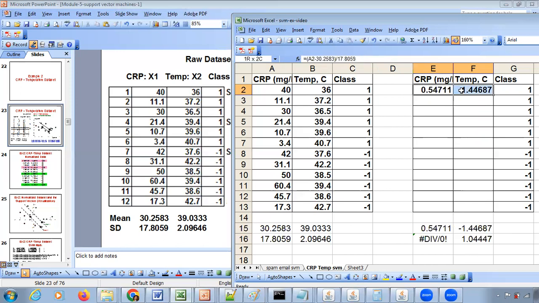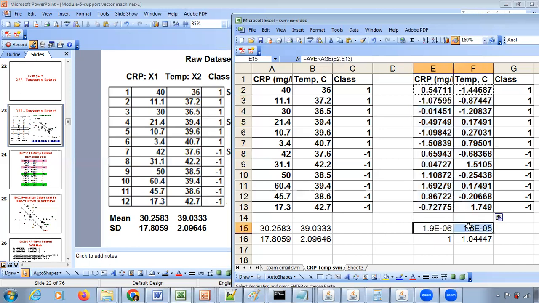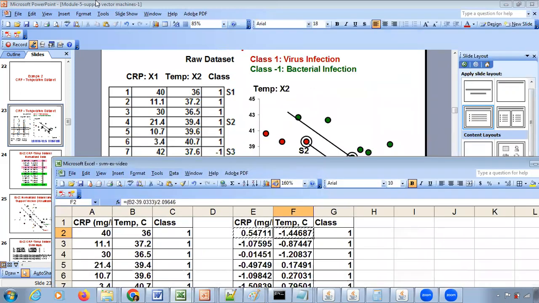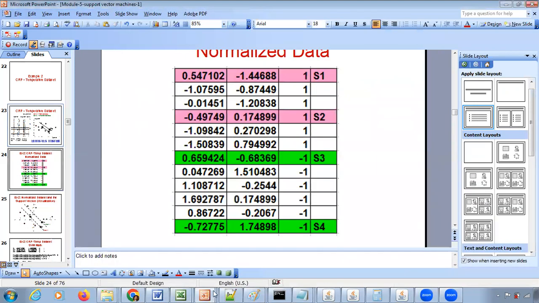So we have to copy and paste for all the records. So the mean is something close to 0 and the standard deviation should be something close to 1. Make sure you type the mean and the standard deviation appropriately. So B2 minus the mean, 39.033, divided by the standard deviation, 1.0447. Okay, so we got the same data set as this one, so we have something to compare here.